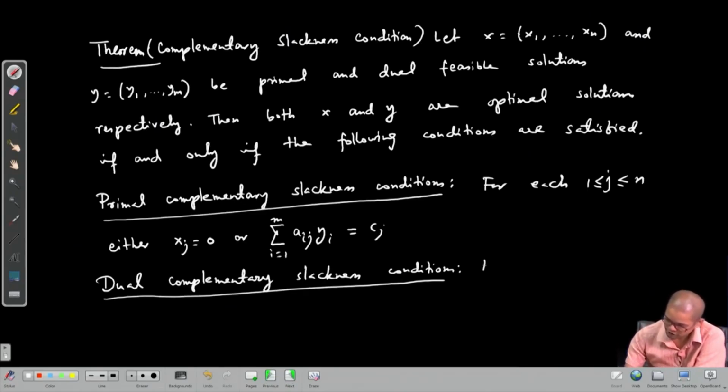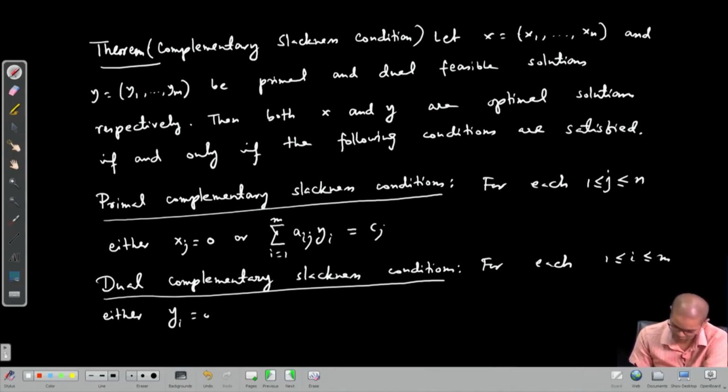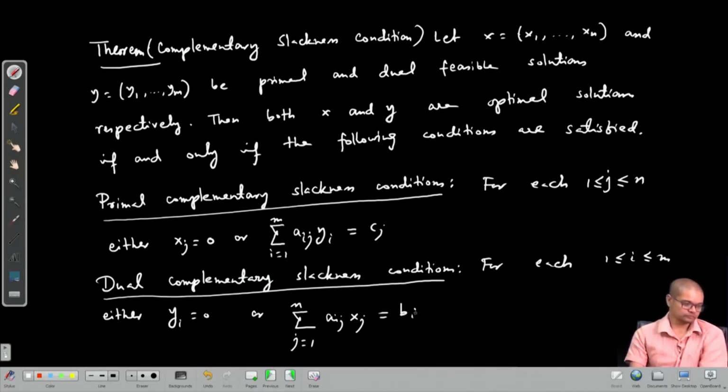So here also, the variables are y1 to ym, and for each i from 1 to m, either yi equal to 0 or the ith constraint, which is the summation of aij xj, j equal to 1 to n, must be equal to bi. Okay. So this is the complementary slackness condition.